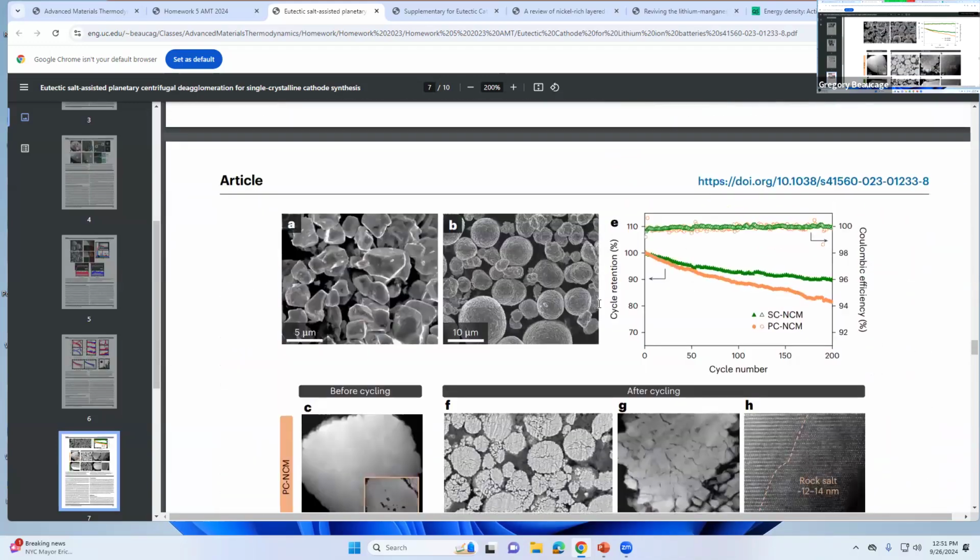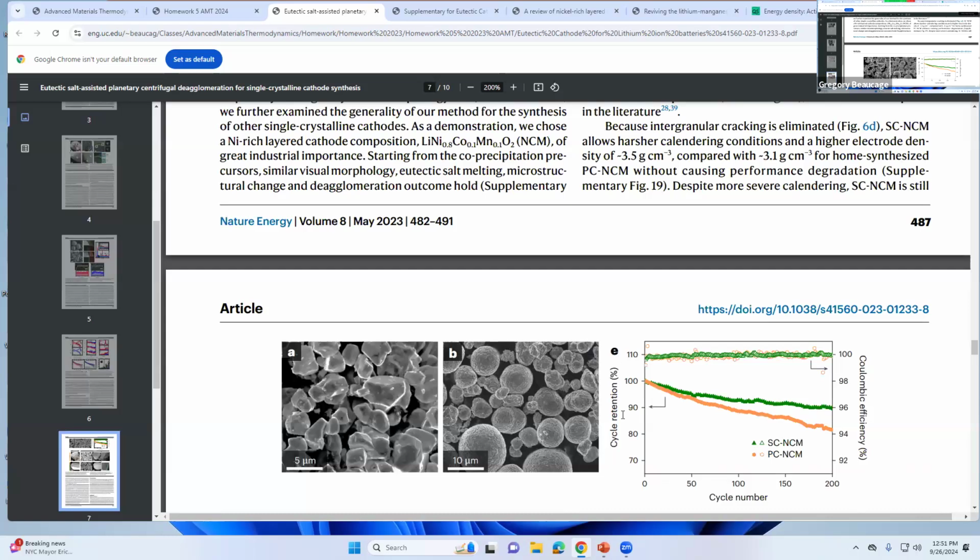So your capacity drops immediately when you first start charging. Cycle retention is what, so you're automatically going to lose some because you have to break up the crystals, and the lithium has to go into the crystals. So there's some drop, but ideally you want to have it drop initially and then go flat. That's kind of the ideal cycling for these things.